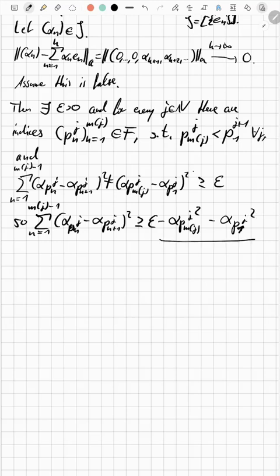Now we can make these two arbitrarily small because alpha_n is a zero sequence.